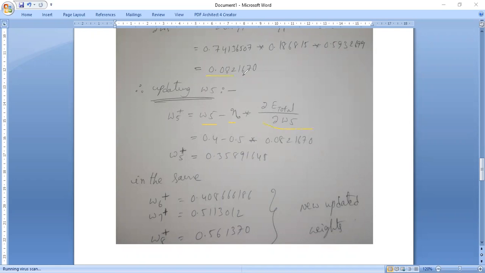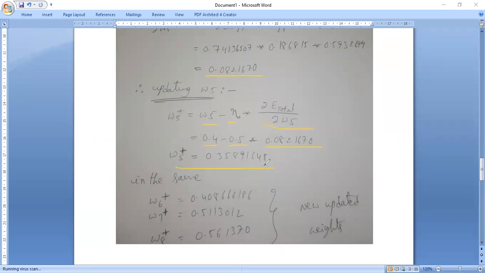This one we have already calculated, 0.0821670, substituted as it is. The eta value we have substituted with 0.5. The old weight of W5 is 0.4. Then the answer, which means the updated value for W5 plus, is 0.35891648.